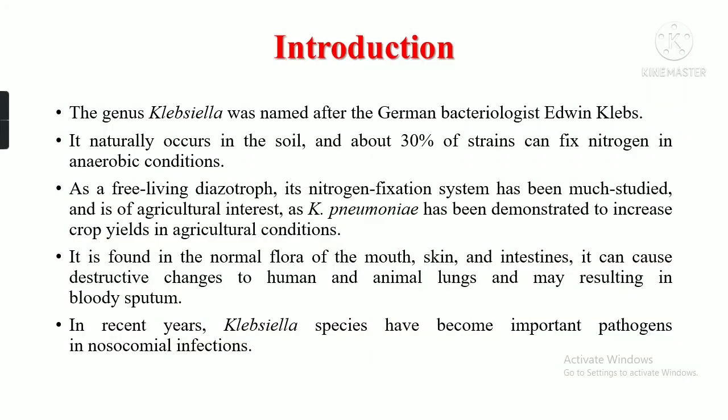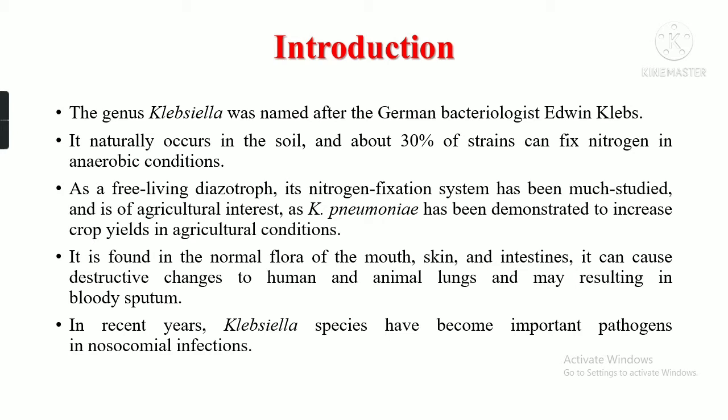Coming to the introduction, the genus Klebsiella was named after the German bacteriologist Edwin Klebs, and from his name the genus Klebsiella was named. It naturally occurs in the soil and about 30% of the strains can fix nitrogen in anaerobic conditions.